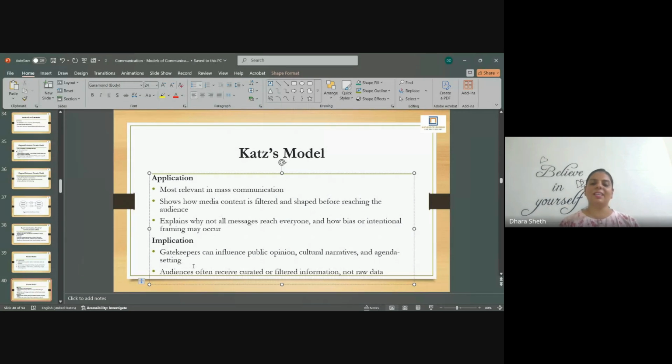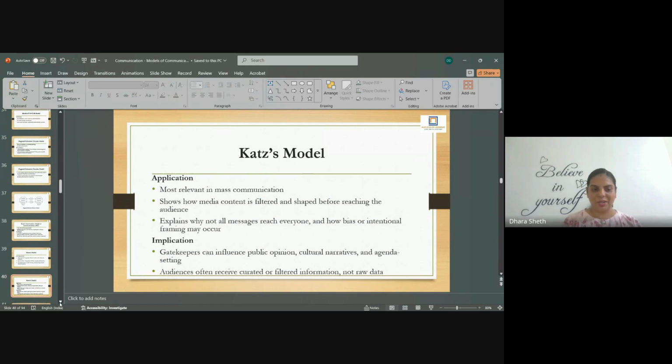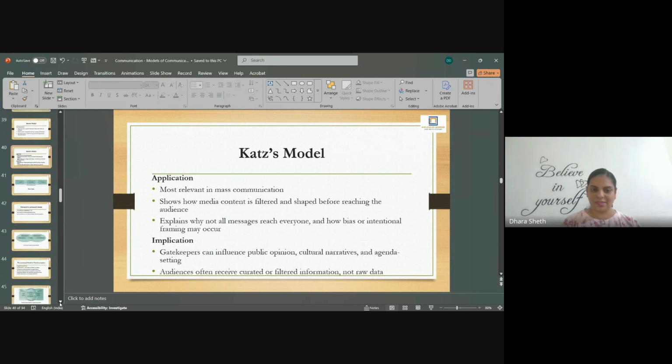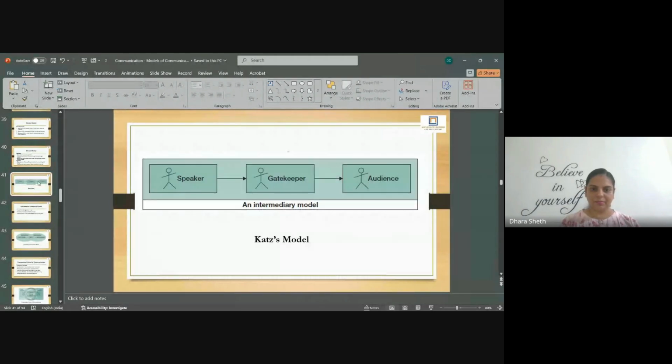And audiences often receive curated or filtered information, not raw data. What happens with our news channels? Okay. So a speaker speaks, the gatekeeper controls how much reaches the audience. This is Katz's intermediary model of communication.